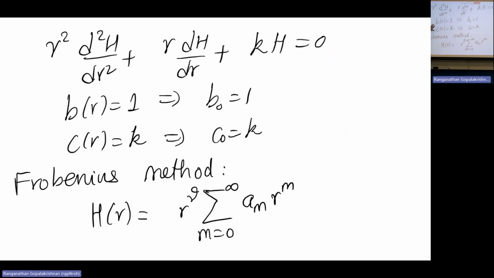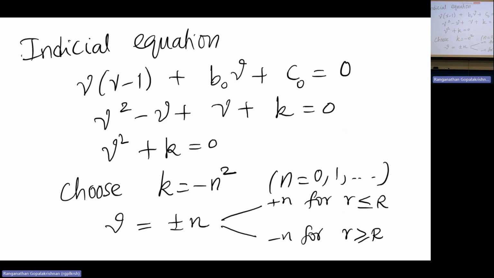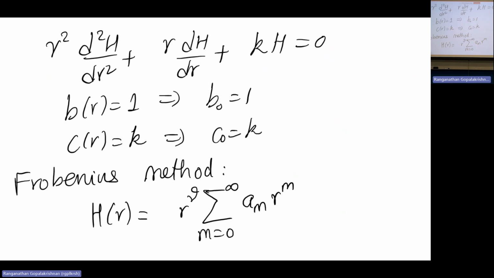And I have this B naught and C naught, using which, what is the next step? Whenever you do the Frobenius method, the next step is to write the indicial equation. The reason it is called an indicial equation is that it is to solve for this index nu, which multiplies with the general power series.